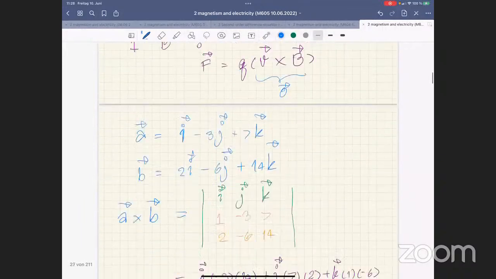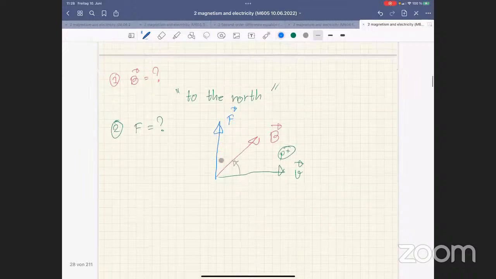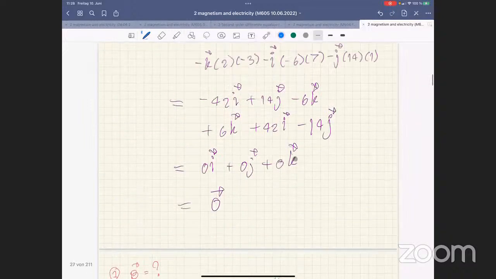It's the strength, so they just want to know only F, not F with vector, but our F vector is pointing right here. From V to B, if you rotate your four fingers, you'll get the thumb direction as the induced force. Induced force will be F here. And what is the angle between vector V and B? Theta between V and B. This is the north direction, and here is the east direction.